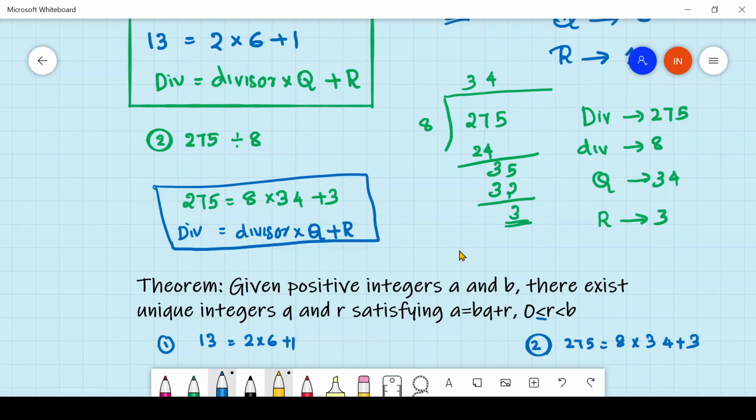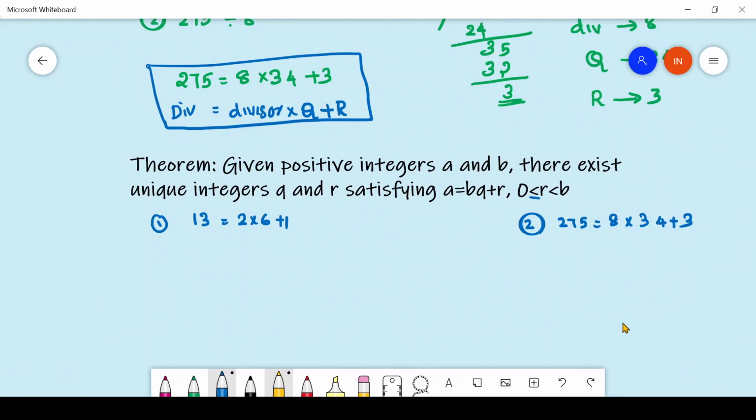These are the two conditions we got from two examples. So a and b are two positive integers. We are taking a as the dividend and b as the divisor. I'm writing it over here along with the second example.